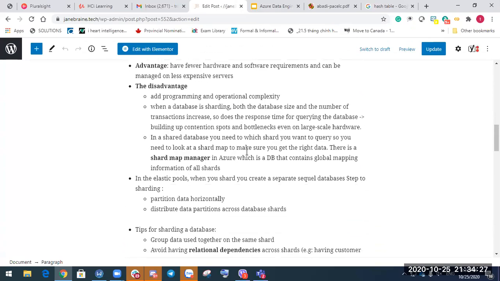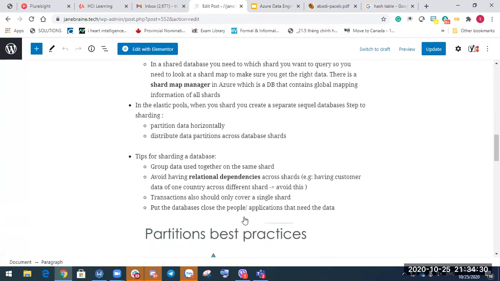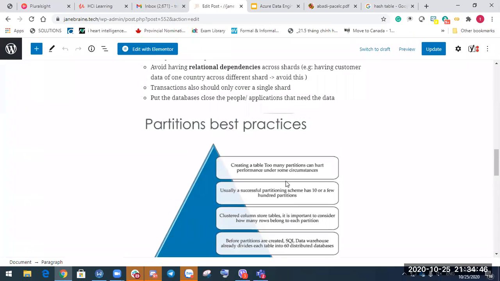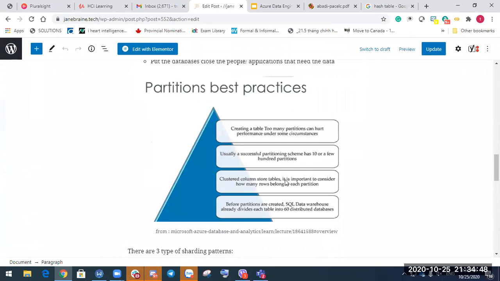So here are the advantages and disadvantages, but I want to go to the best practices. We normally should have mentioned these four best practices.